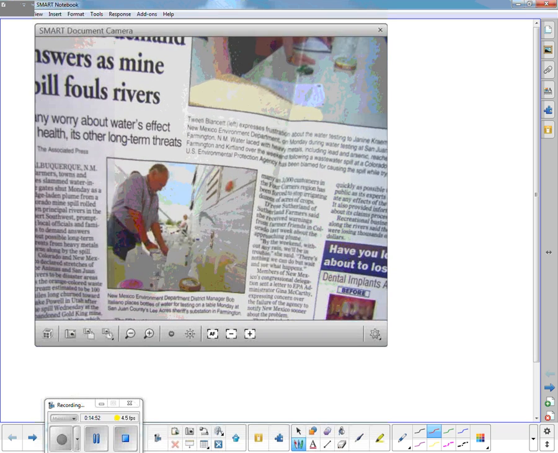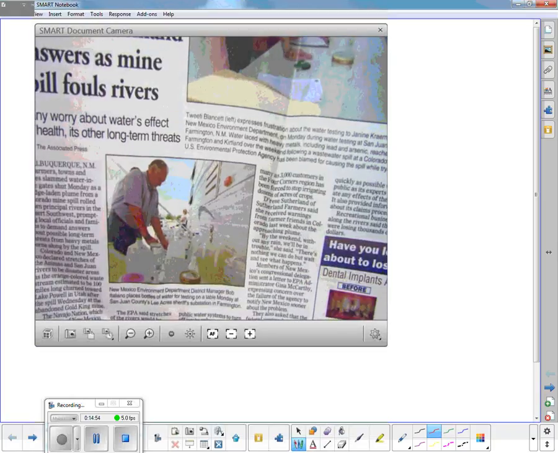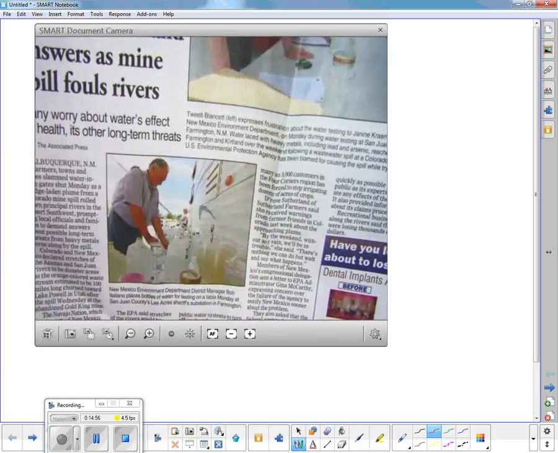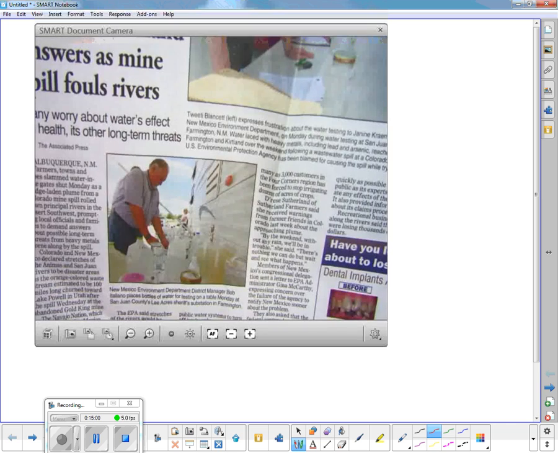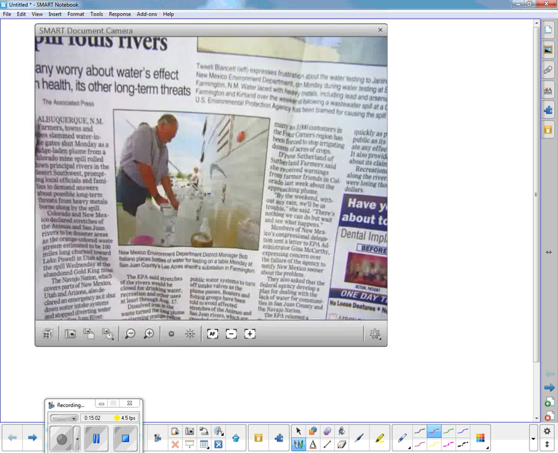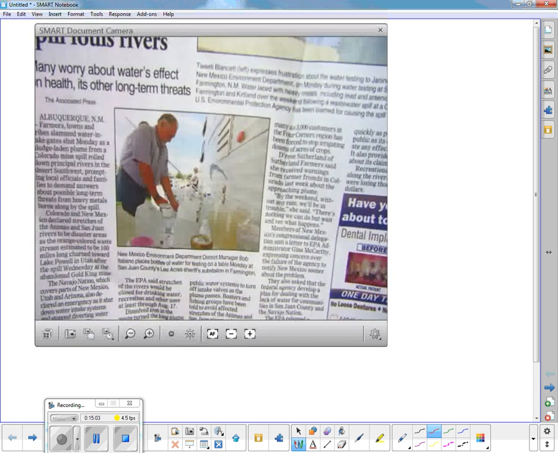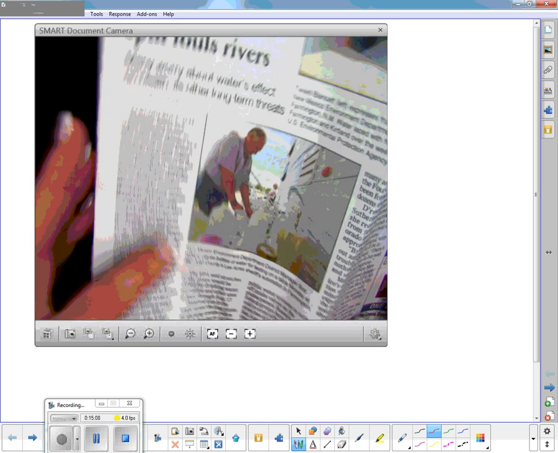And the Indian nations that bordered that were really up in arms because they use it for drinking water, they use it for livestock, they use it for watering their crops, and they couldn't use any of that because it was contaminated.